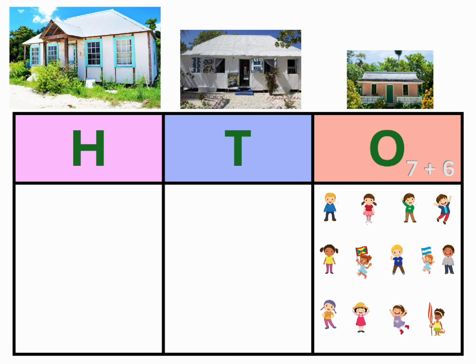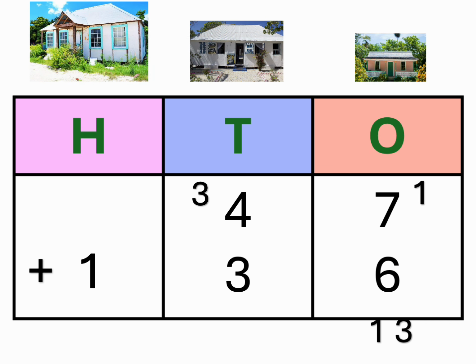Regroup. I know you can regroup. So we want to do this the right way. I will show you some examples of what you should never ever do. Never write both numbers under the ones house.